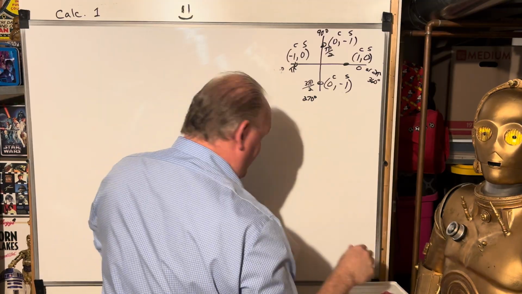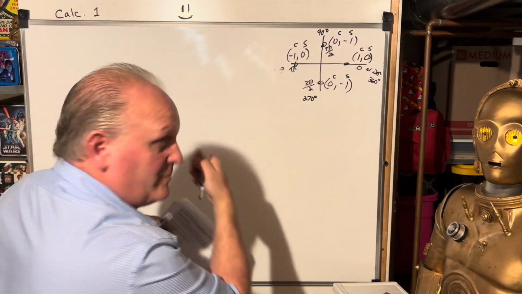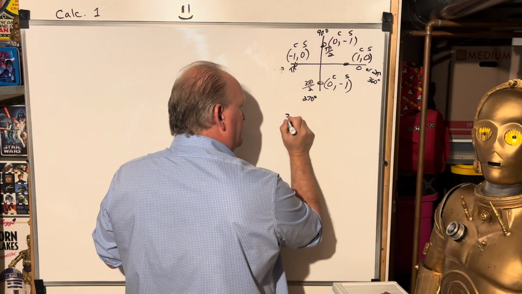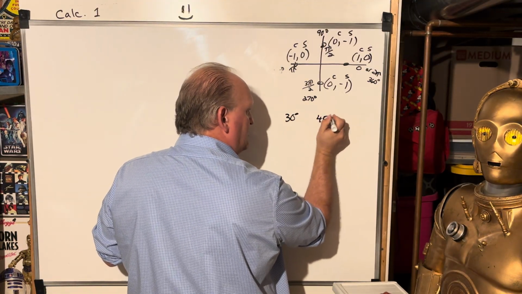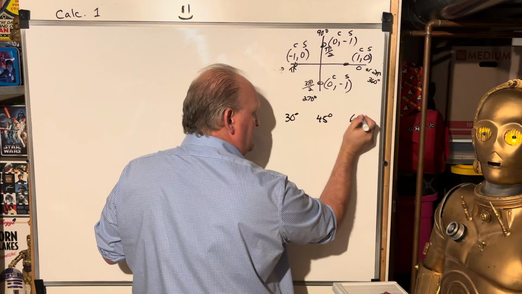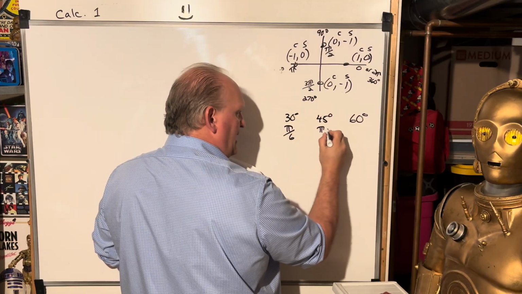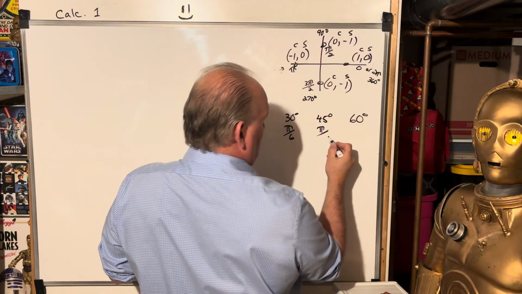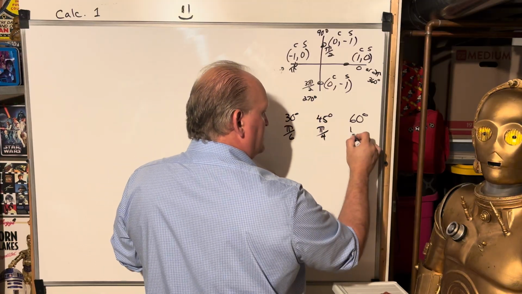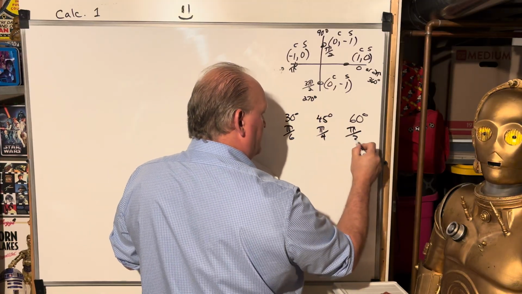And so for this one, remember the quick mnemonic: 30 degrees, 45 degrees, and 60 degrees. And remember that's pi over 6, pi over 4, and pi over 3.